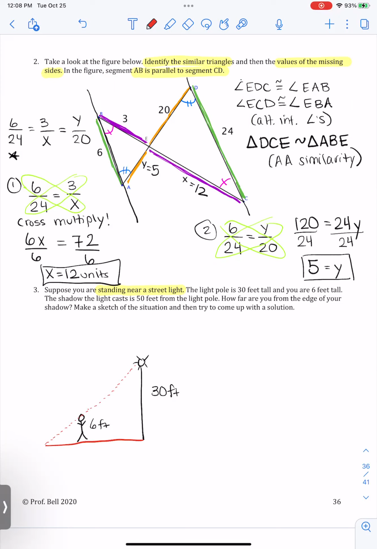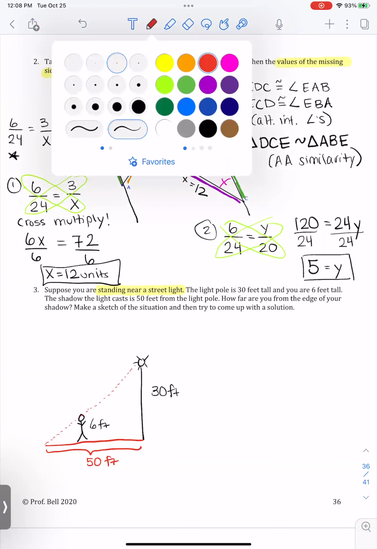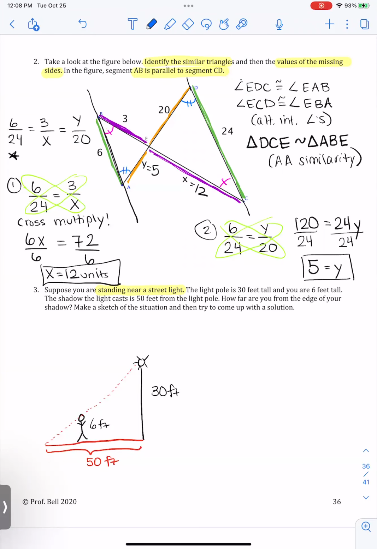So we are being told that the shadow the light casts, that's this shadow, is 50 feet long. How far am I from the edge of my shadow?